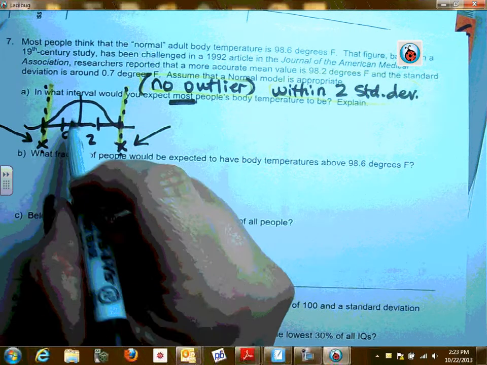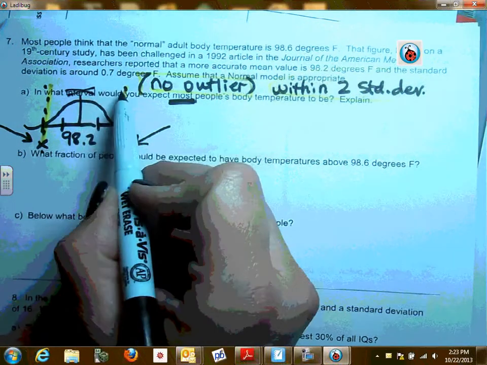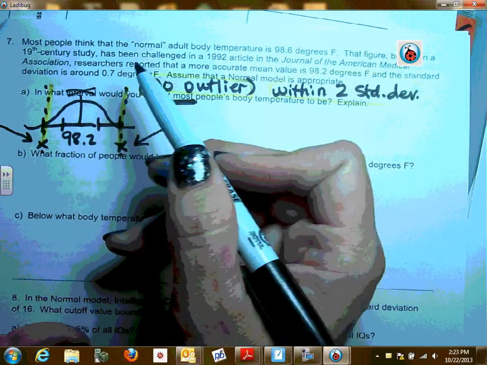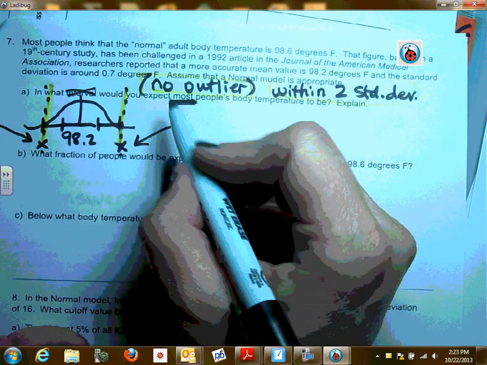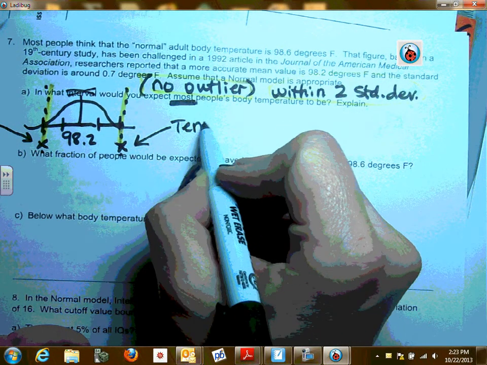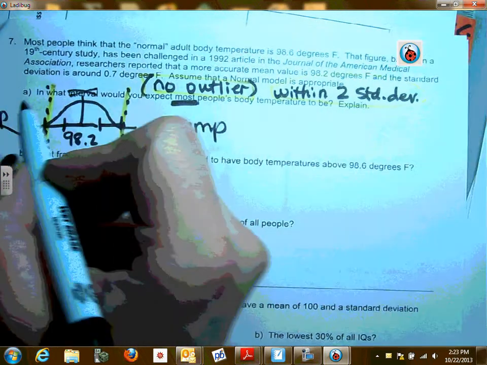Okay? I'm not even really asking for the distance between those two, because that would just be 4 times 0.7. I'm just asking for these two temperatures.